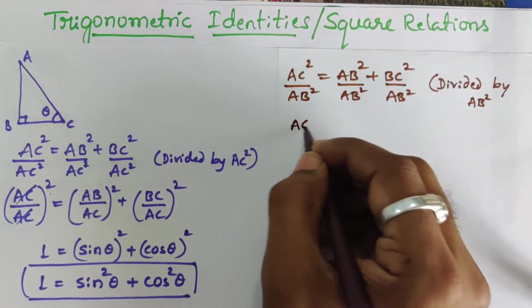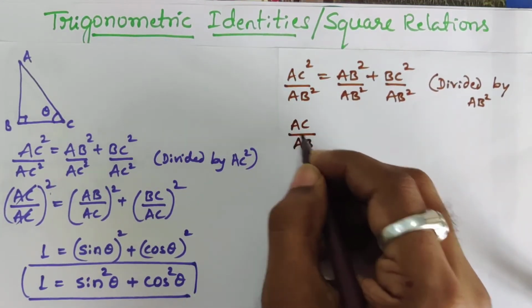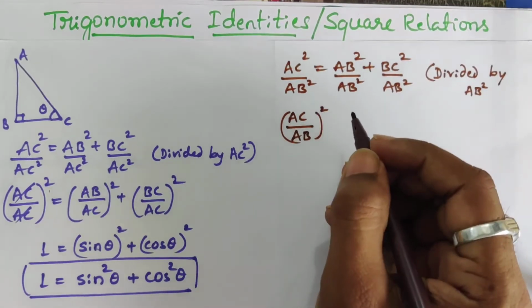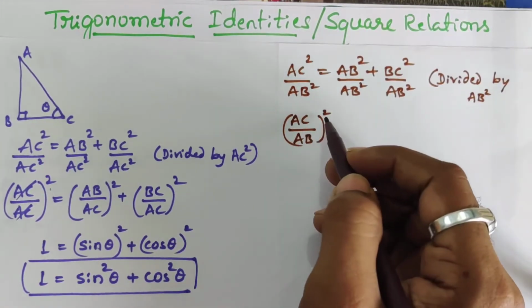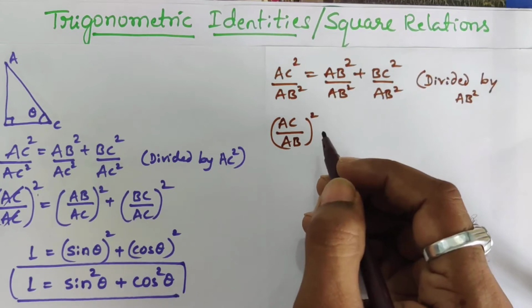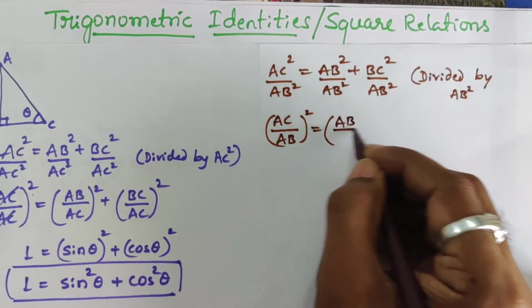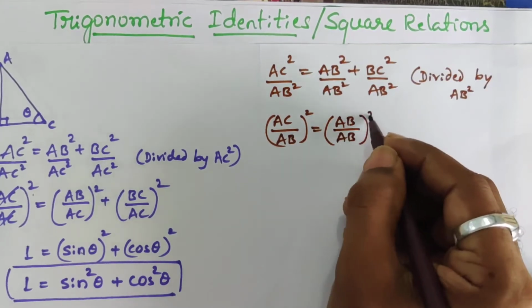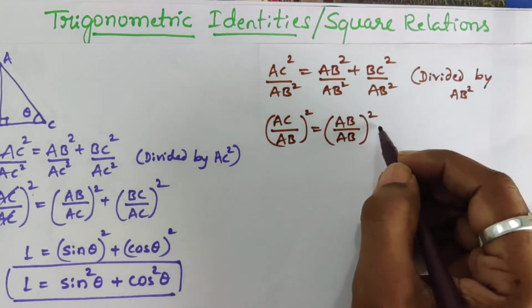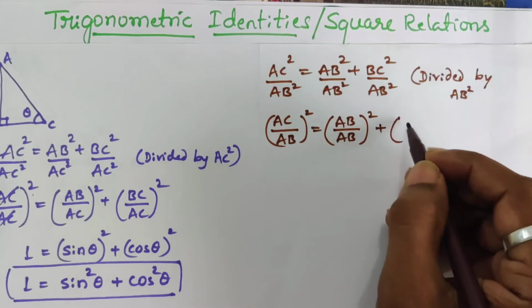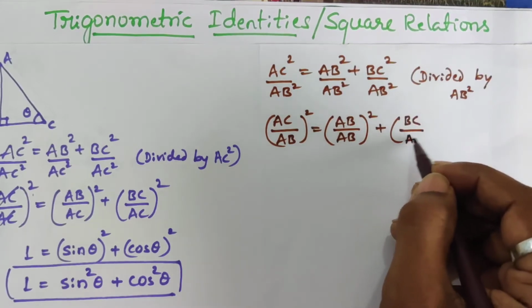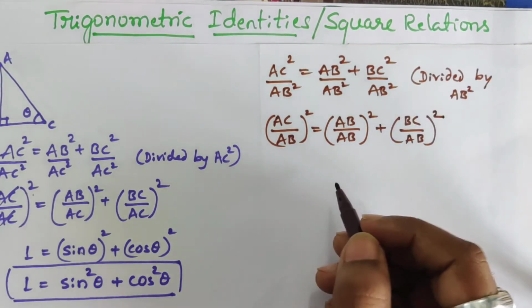AC by AB whole square. See, this square I am writing common like this. This one is AB by AB whole square. You can cancel it, it will be 1 directly. Then BC by AB whole square.